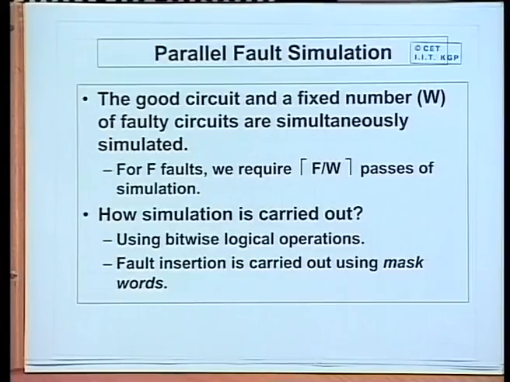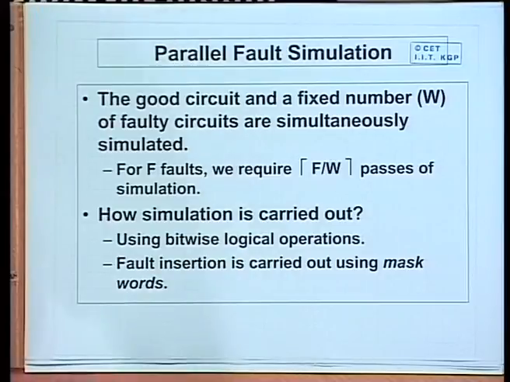So, I can inject faults like this and I can find out the output value. For a given input test vector, if I see that my good or fault free output and the faulty outputs are different, then I can announce that this particular fault is getting detected. This I can repeat for all the faults. So, if there are 1000 faults, I have to repeat it 1000 times.